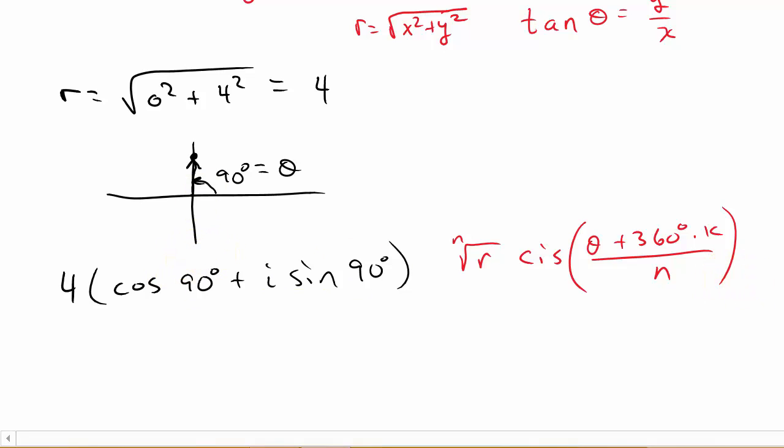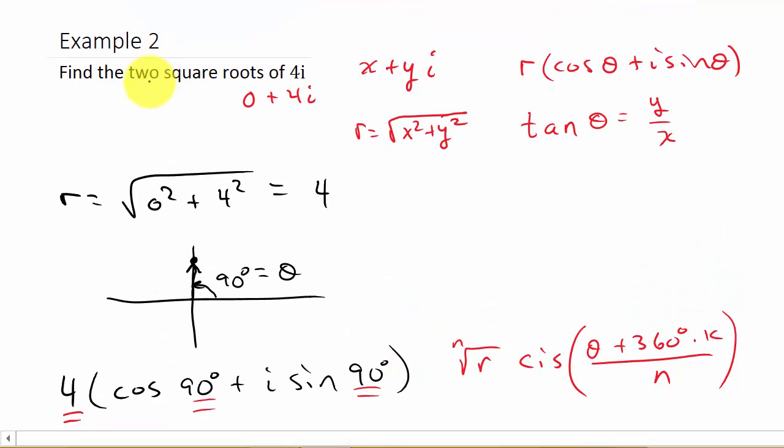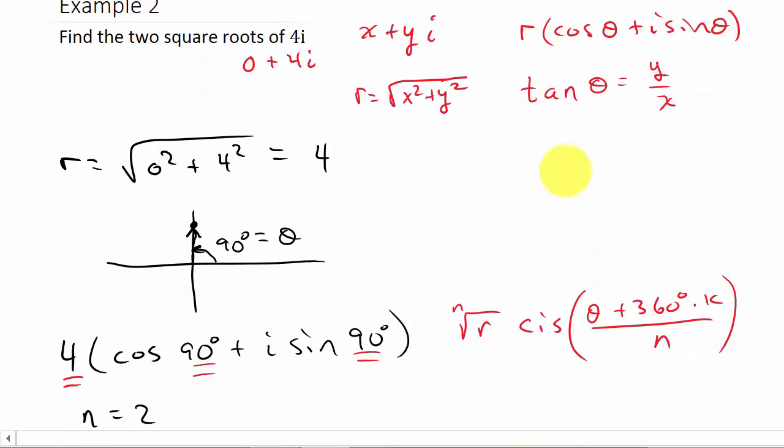If you look at this, you can see we have r and we have theta. Well, n is equal to 2, the square roots. Remember, there's 2 distinct nth roots. In this case, the n is 2, so there's 2 square roots.